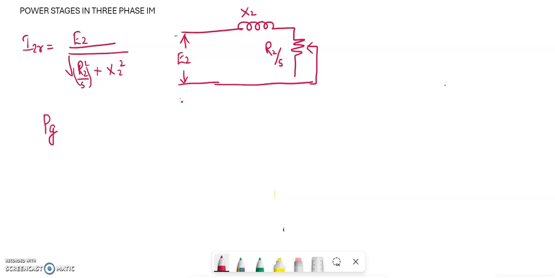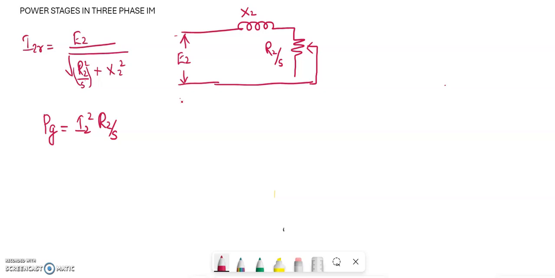From the figure it is clear that the power input to the rotor is only I2 square into R2 by S, because X2 does not consume any power. Since it is a reactance, it does not consume power; only resistance consumes power.